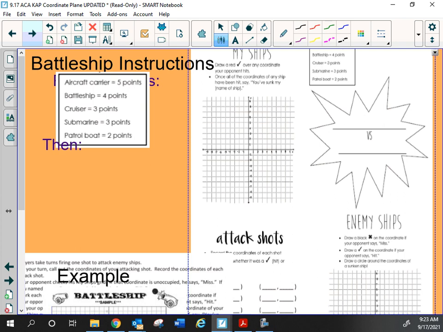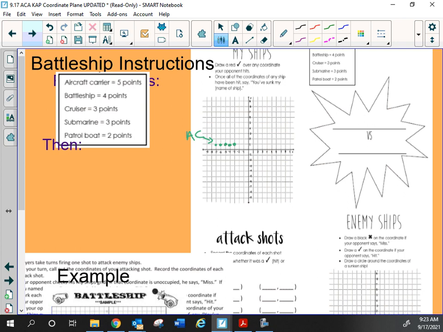I'm going to plot 5 points, and they have to be next to each other. So I might say 1, 2, 3, 4, 5, that might be my aircraft carrier. Don't put it in the same place that Miss Miles does. You might label it AC for aircraft carrier.